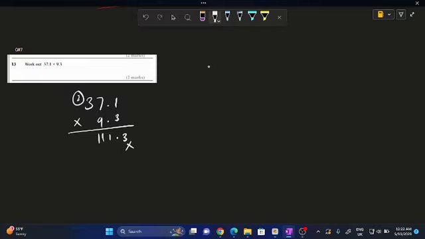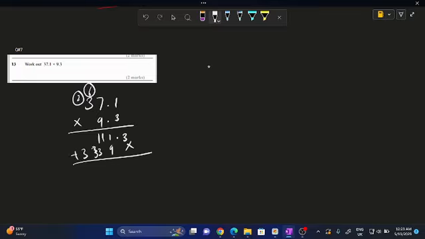Again, place a cross over here. 9 times 1 is 9. 9 times 7 would be 63. So 3 can be written, 6 can be taken as carry. 9 times 3 is 27. 27 plus 6 is 33. Just like that.